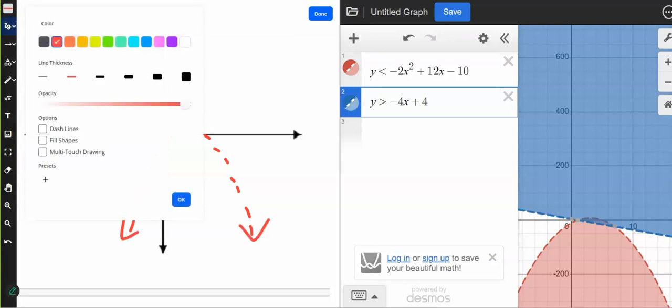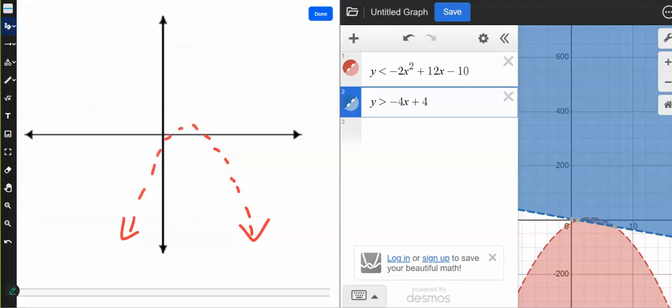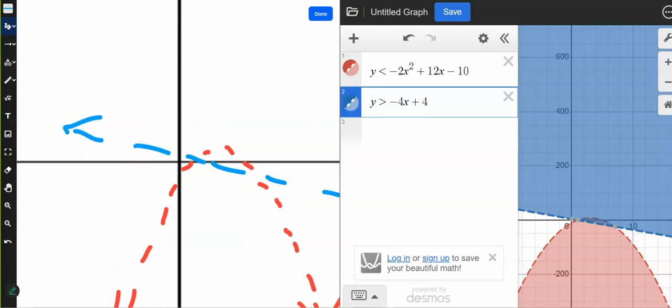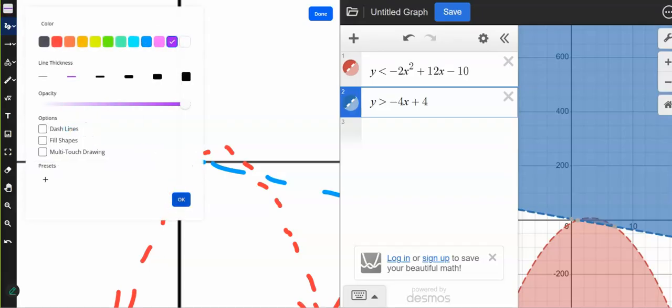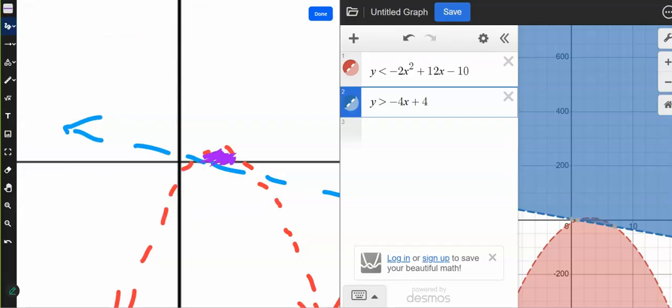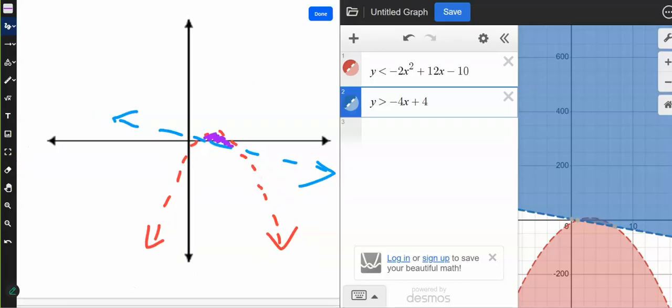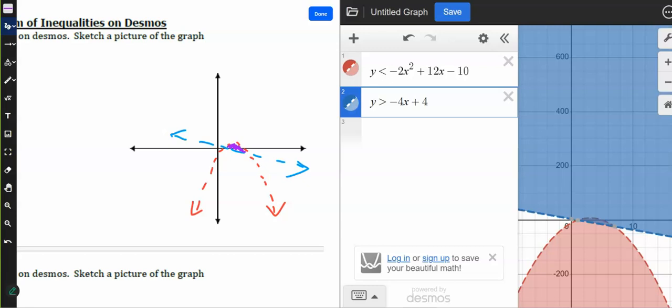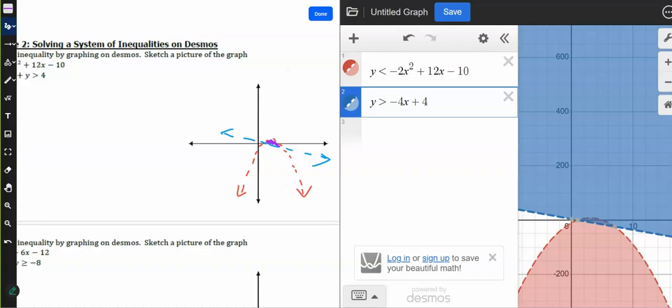And then you got this ugly looking thing doing like this. And the only part of this that's the answer to this question is the little tiny section where they overlap in the middle. That is the solution to the system. None of the rest of that stuff is a solution to a system.